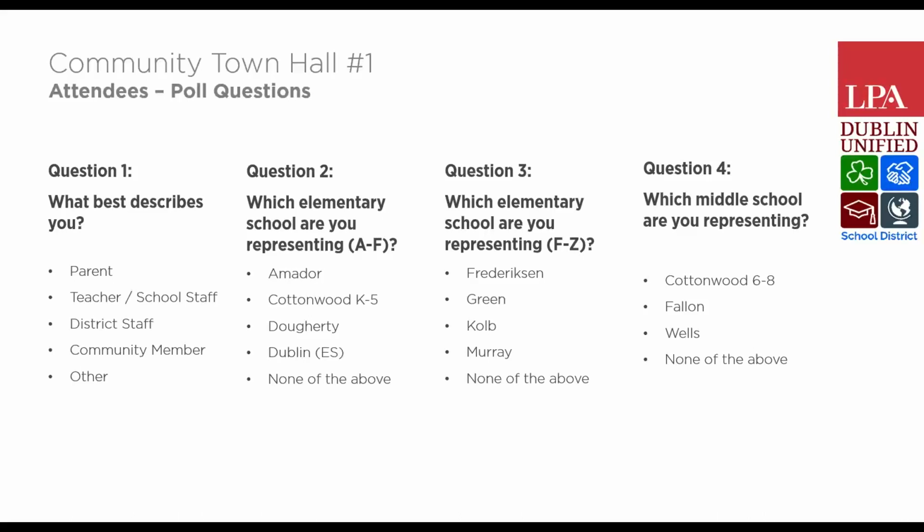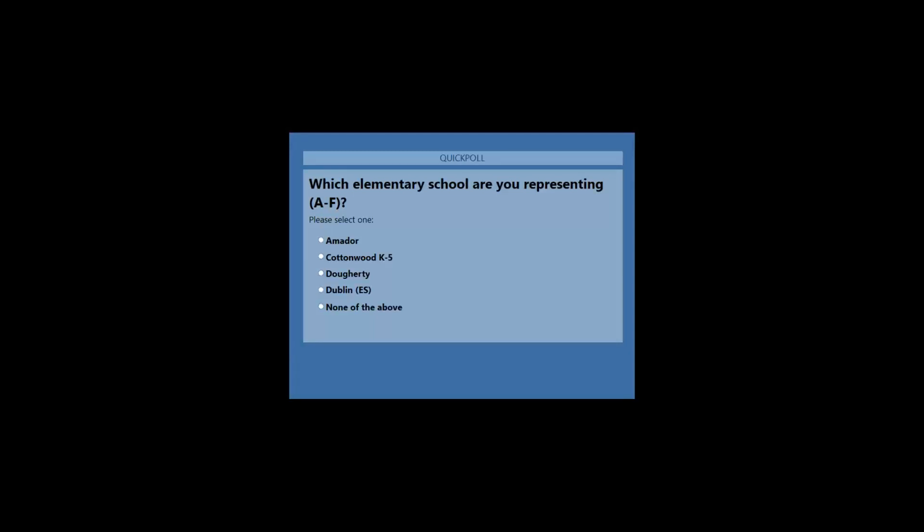The first question is elementary schools starting from the letter A through F, and then we'll have another question for the additional schools. We're almost there. We're at about 87% responses.